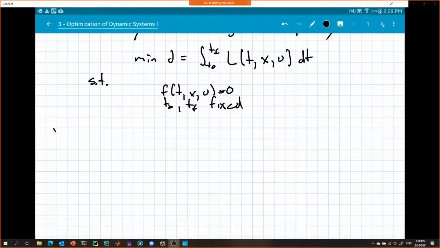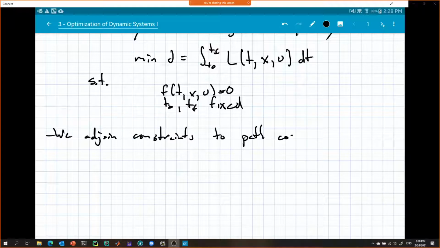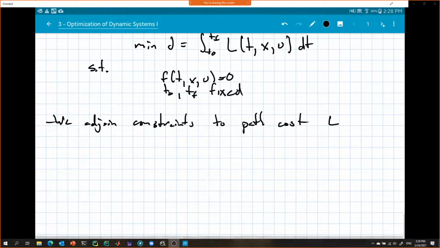So we adjoin constraints to the path cost L. In the future, we're going to be adjoining more stuff to things, and in principle, you can adjoin any constraints to these problems that you wish.